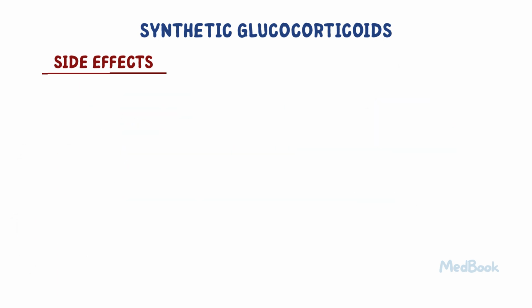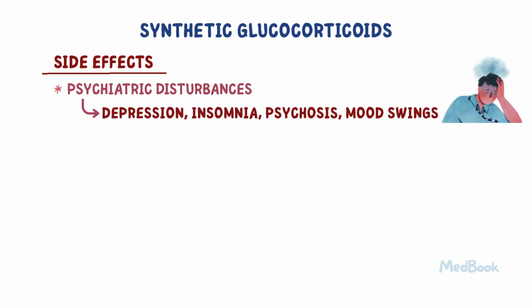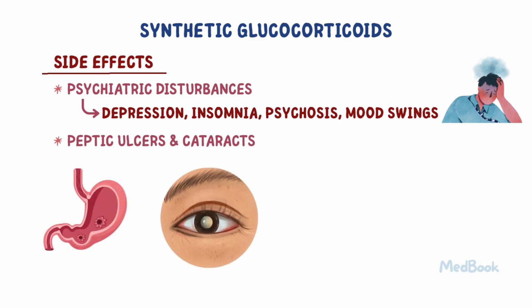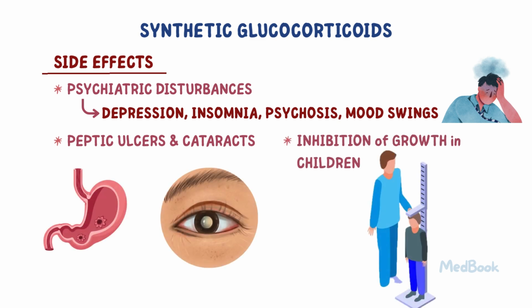Finally, individuals treated with glucocorticoids can complain about psychiatric disturbances such as depression, insomnia, psychosis, and mood swings, but they can also develop peptic ulcers and cataracts. Also, glucocorticoids cause inhibition of growth in children.